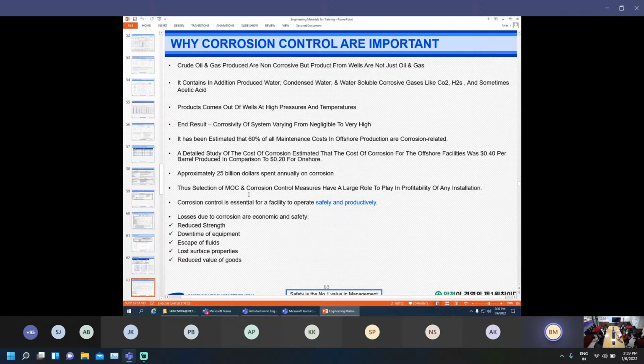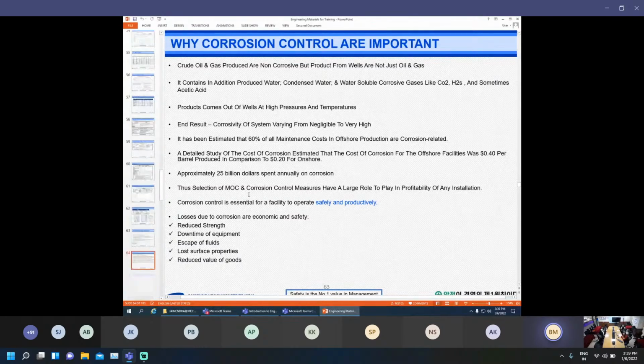So corrosion is very important because the safety of any plant depends upon corrosion. Some corrosion is like that: within a day, the material will be fractured, and there will be no indication of fracture. So it is very important.